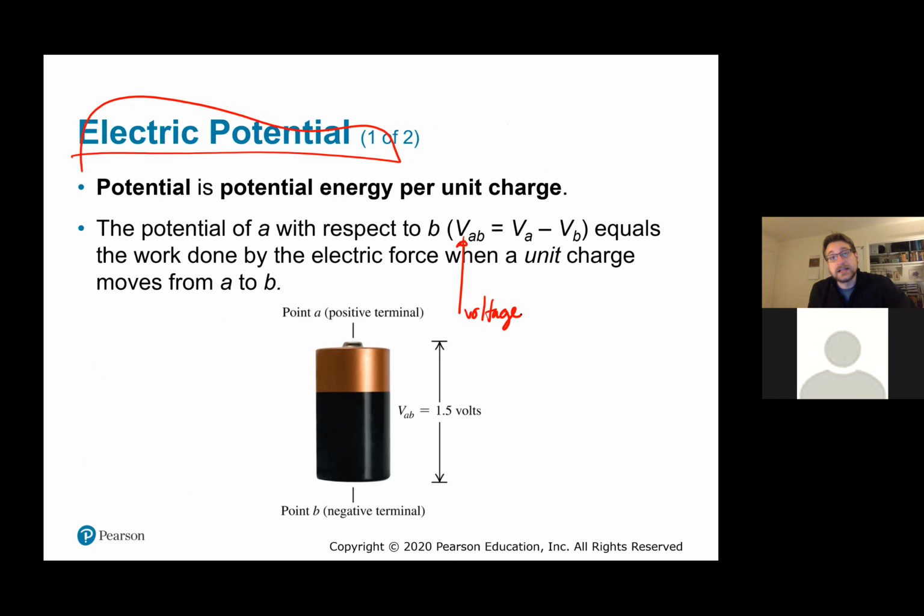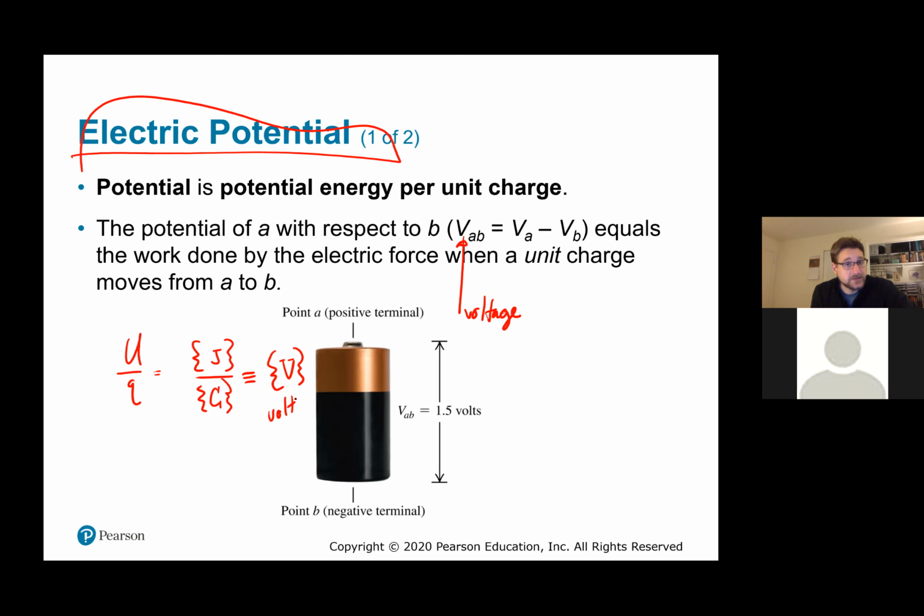Because another name for electric potential, or often just potential, is voltage. And in fact, the unit for potential has the dimensionality of joules, or has the units of joules per coulomb, which I'd like to define as a volt.